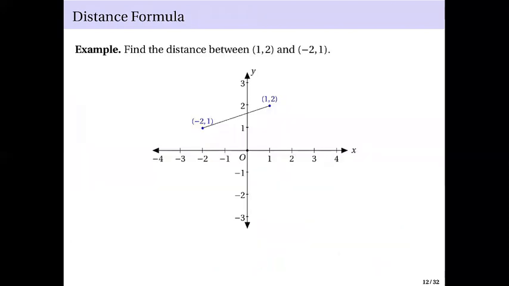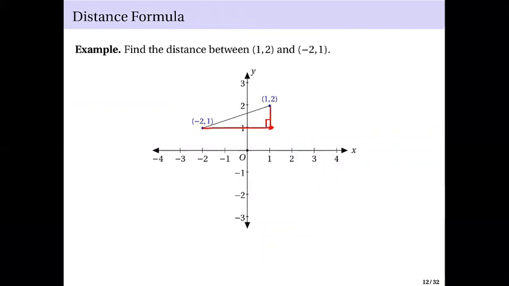Let us consider this actual example. You want to find the distance between negative 2, 1 and 1, 2. If we use the same illustration as before, you draw a triangle, particularly a right triangle.